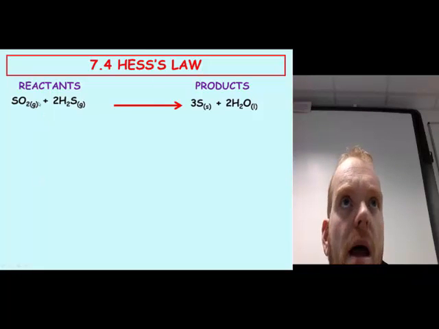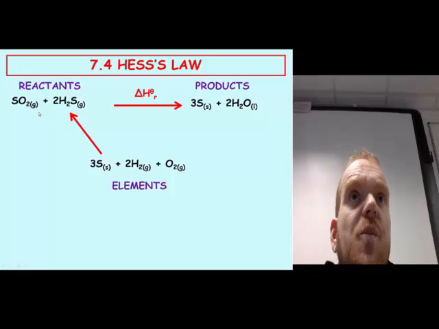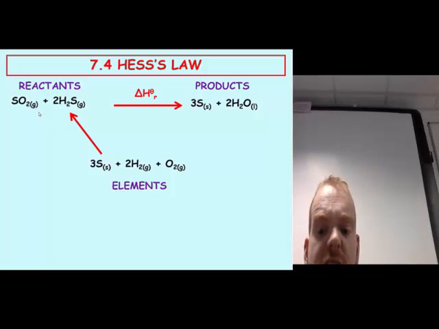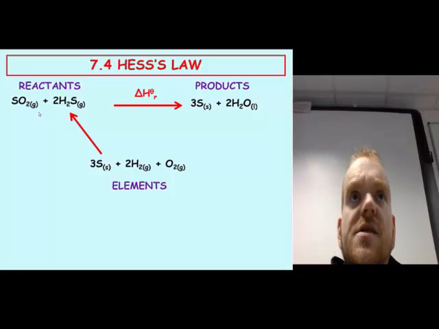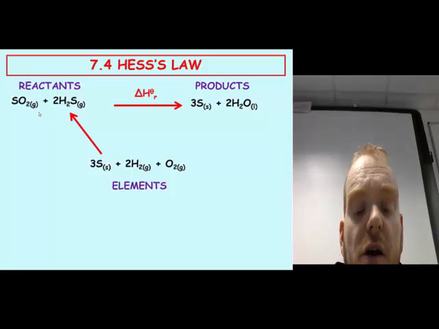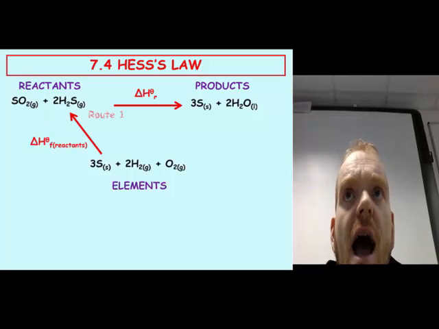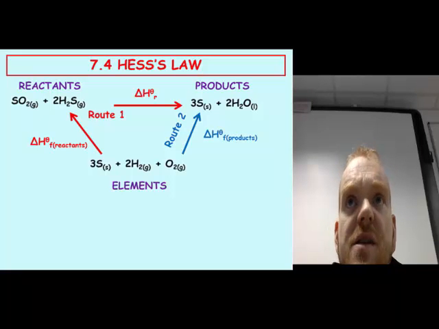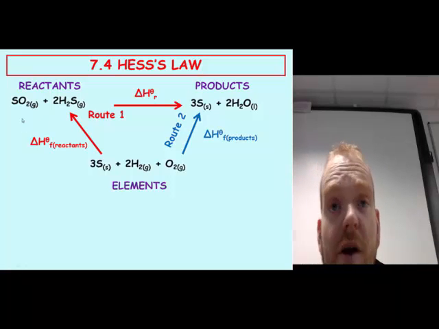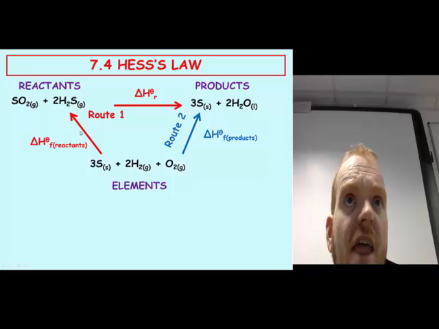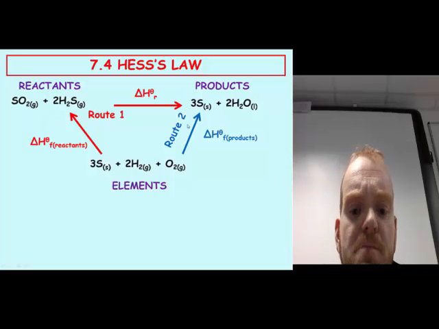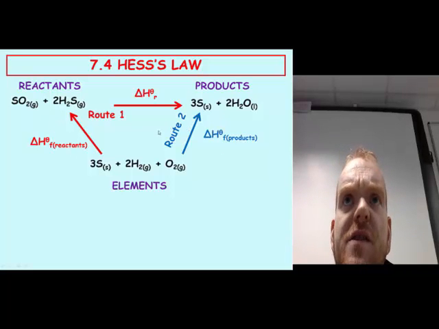What we do know, and can find out, is the enthalpy to convert the elements sulfur, hydrogen and oxygen to sulfur dioxide and hydrogen sulfide, and the enthalpy to convert those elements to the products. So we've got the combined enthalpy of formation of the reactants and the enthalpy of formation of the products.